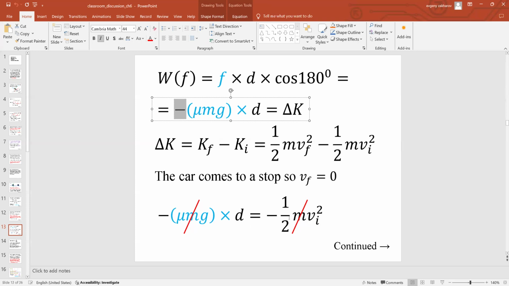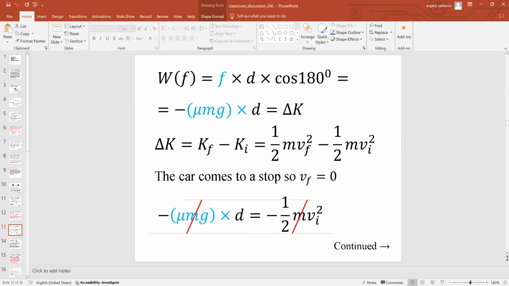You got both sides of the equations being negative, and now you convert them to positive because you can multiply both sides by -1. And what's even more important, mass cancels. You have mass on one side, mass on the other side. The mass of the car does not matter.